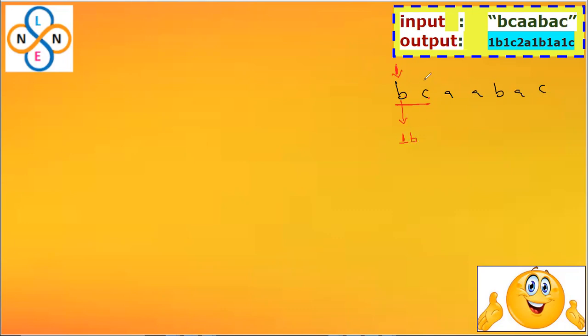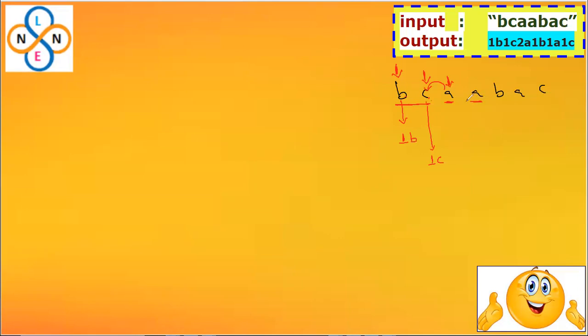Similarly, consider the next character C and check the character after C. Is it the same as C or not? No, it's not. So for this C also you print only one, followed by C. Next, consider A and check whether the next character is A or not.